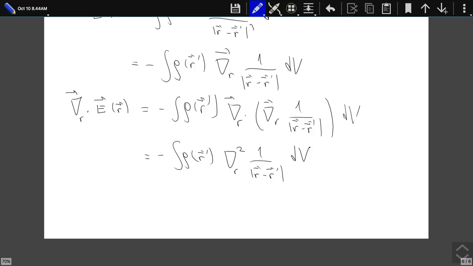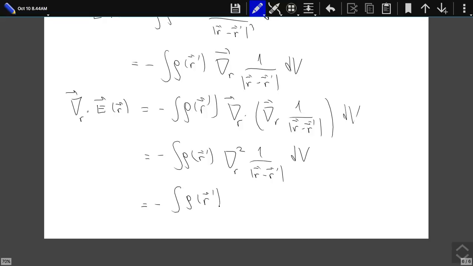Well, we had studied the Laplacian of 1 over |r minus r prime|. What was the Laplacian of 1 over r? It was 0 everywhere except when r is equal to r prime.